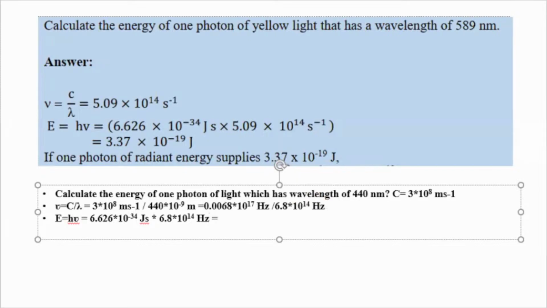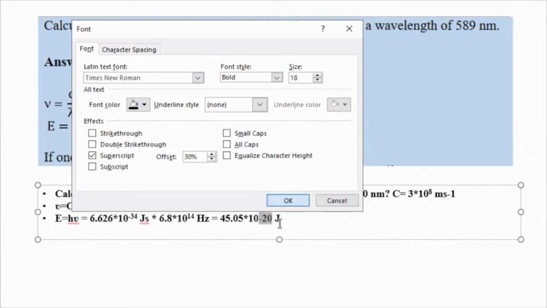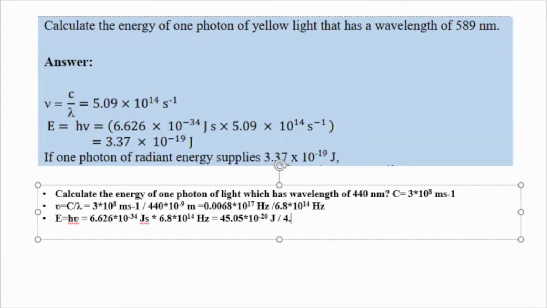So then we can get the answer as 4.505 into 10 to the power minus 19 joule.